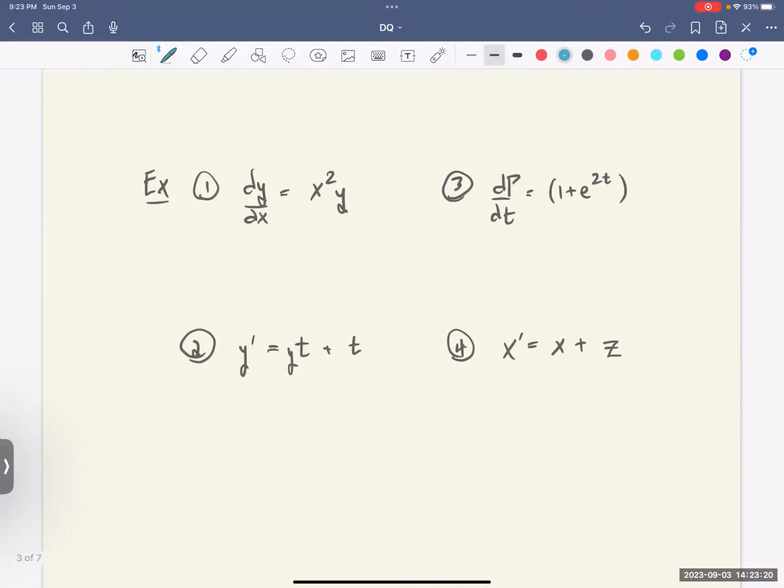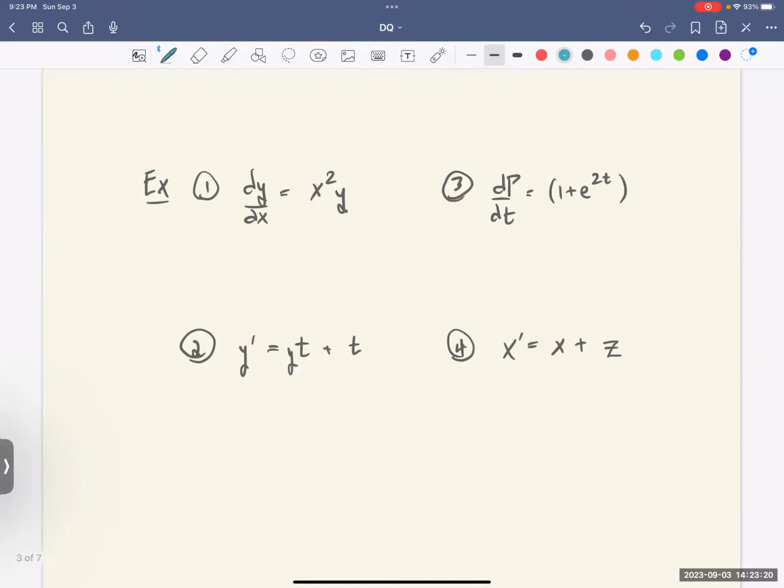Let's see, number 2. Right now it's not a product, but maybe we could factor out a t, then we'd be left with y plus 1. And now, yes, we have an independent t, dependent y plus 1, and it's a product. So this equation is separable.